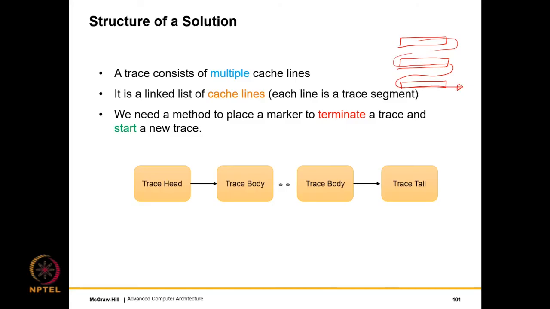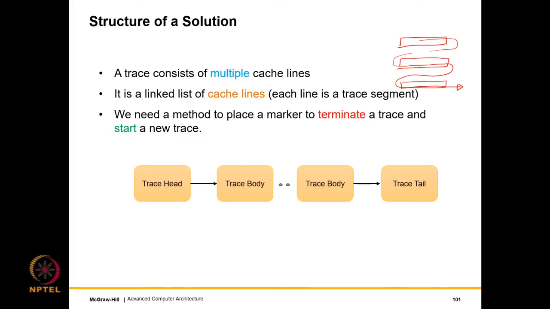So this is like a linked list of cache lines where each line is a trace segment. Broadly speaking, this is what we want to construct. So we need a new method to place markers, a single marker actually, to terminate a trace and start a trace.